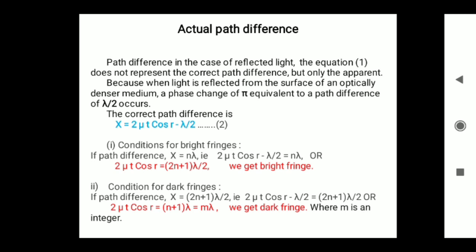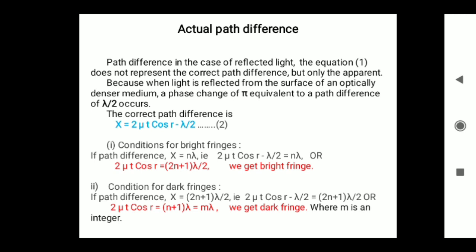If the path difference x is equal to an integral multiple of lambda, that is 2 mu t cos r is equal to (2n plus 1) lambda by 2, we get bright fringe.